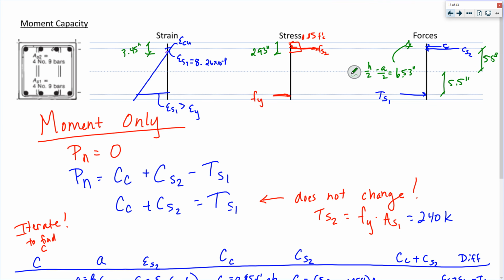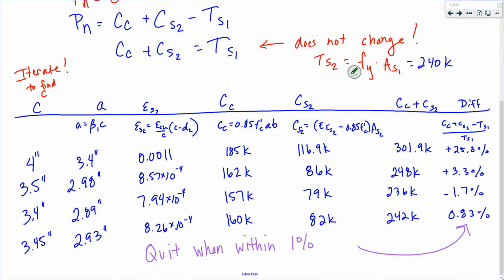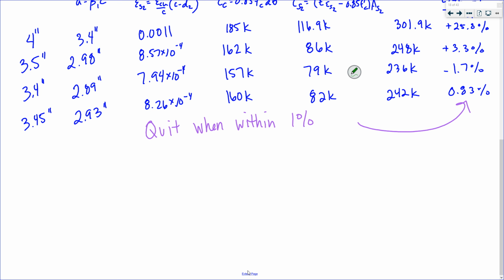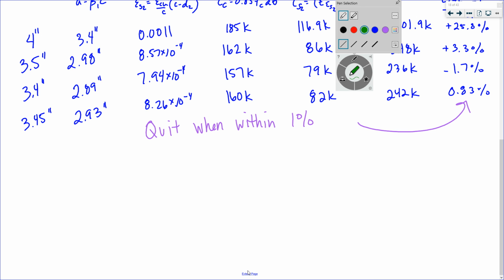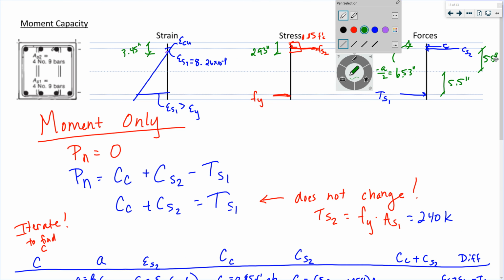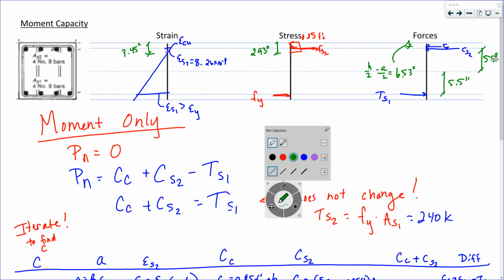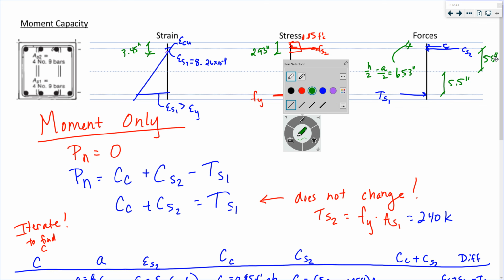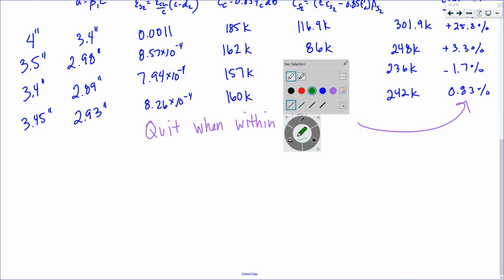I don't have to use this strain profile that I just drew. I'm just drawing it for illustrative purposes, because we already calculated all of our forces in this little table.